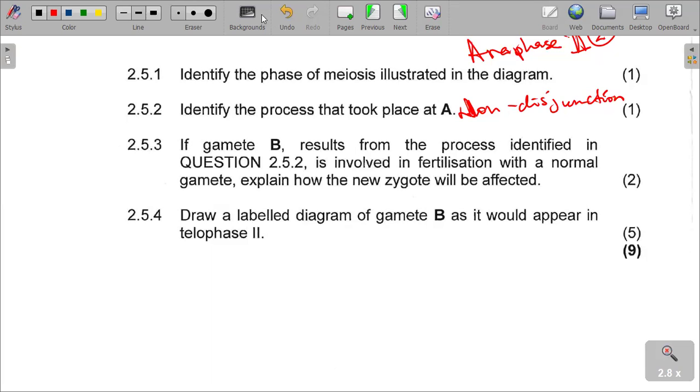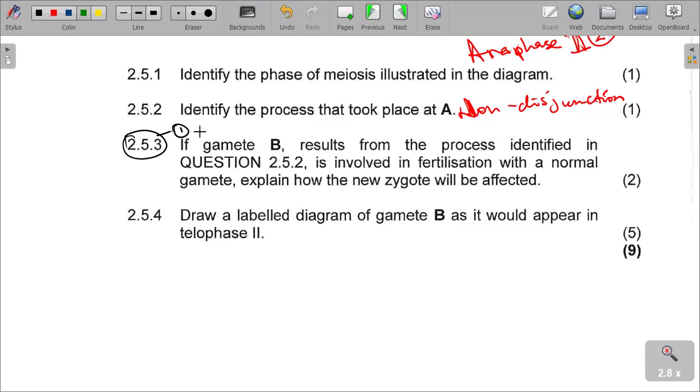In question 2.5.3, the thing you need to explain is that the gamete will have one extra chromosome.